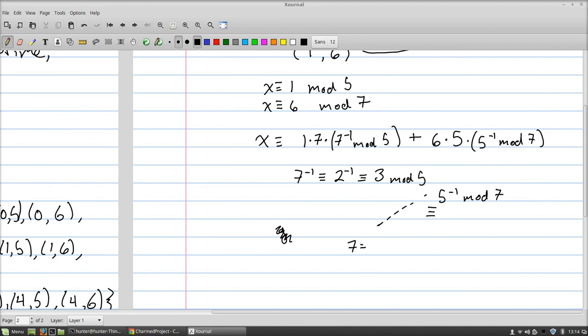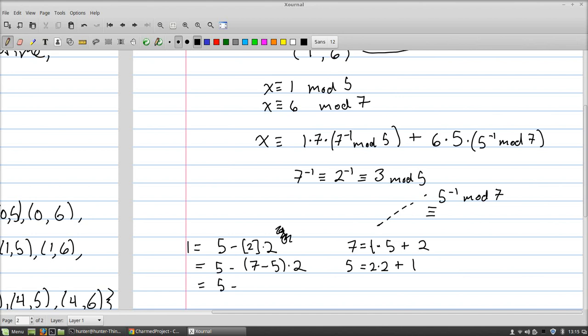So 7 is equal to 1 times 5 plus 2, and 5 is equal to 2 times 2 plus 1. So that means 1 is equal to 5 minus 2 times 2, but 2 is equal to 7 minus 5. So this is 5 minus (7 minus 5) times 2. All right, and so what have I got here?